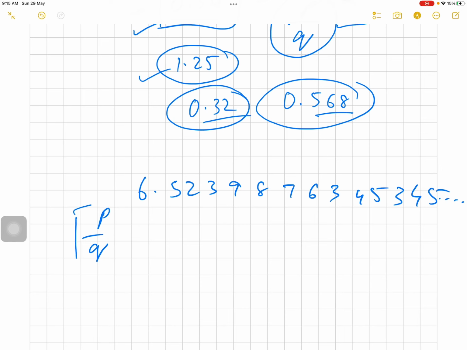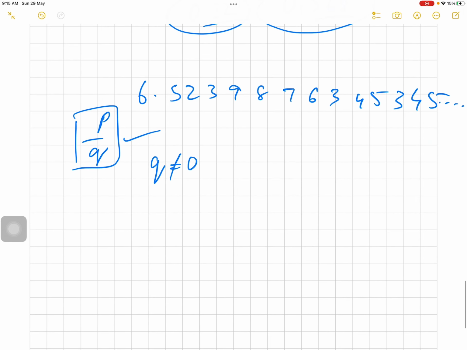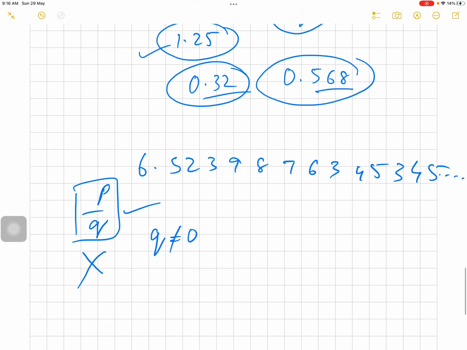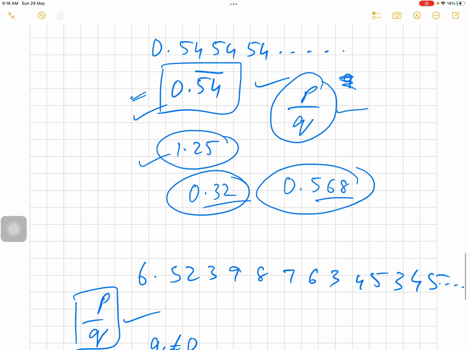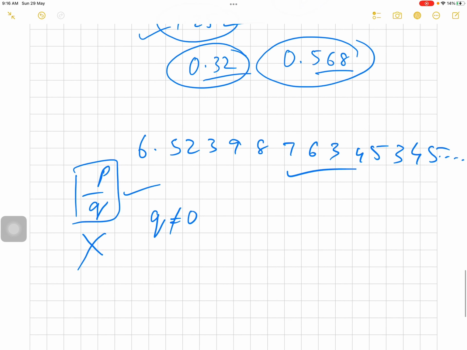A number which can be converted into P by Q form where Q is not equal to 0 is called a rational number. The number which cannot be written in P by Q form is called an irrational number. So rational numbers are either recurring decimals or terminating decimals. Irrational numbers are neither terminating nor recurring.